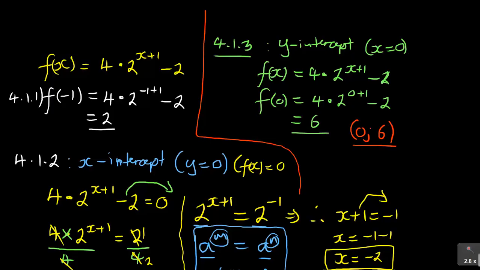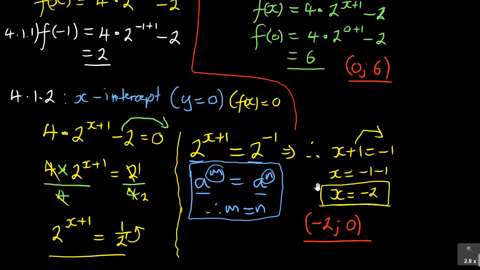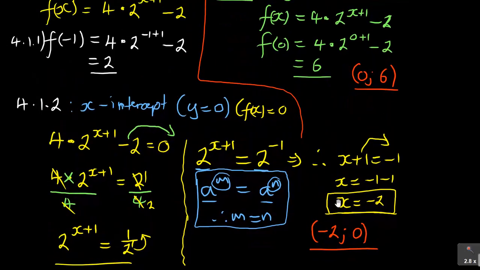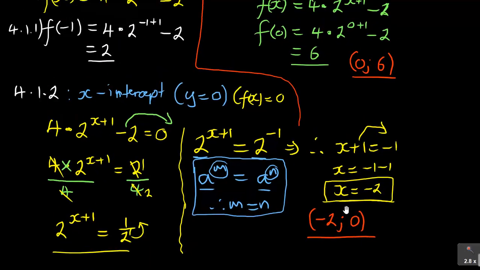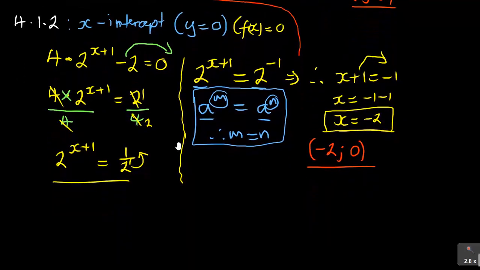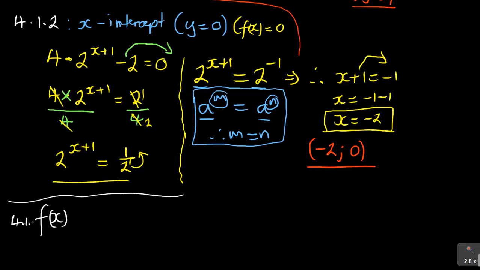Now this graph, let me write it down here. This graph has an asymptote. By the way, let me write here, f of x, 4.1.4.